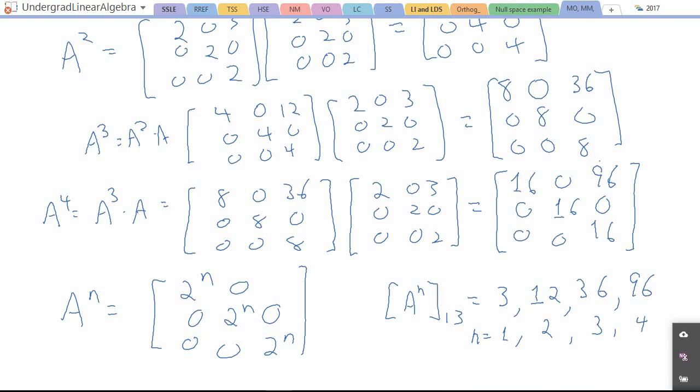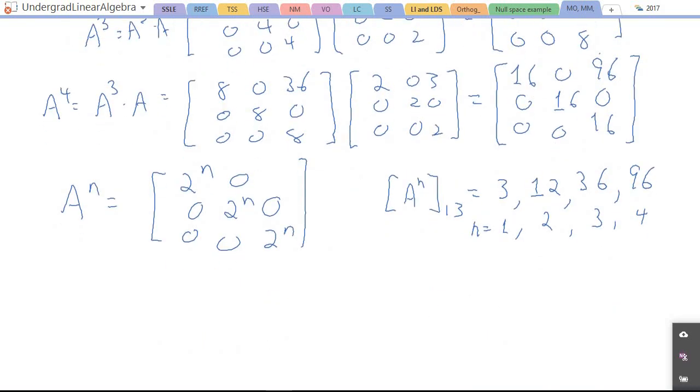But let's see if we can use some things that we already have here. Notice that we have the diagonal entries going as 2 to the n. So maybe we should think about 2 to the n figuring in here. So here I have A^n 1, 3. This one here is 3 times 1.